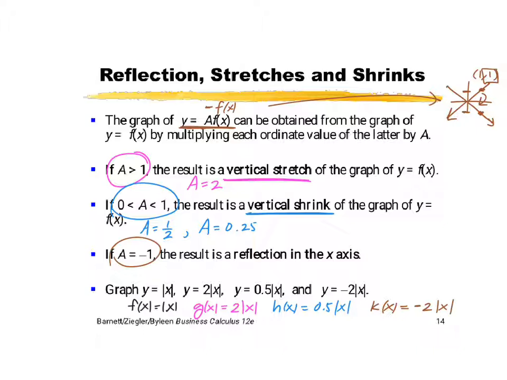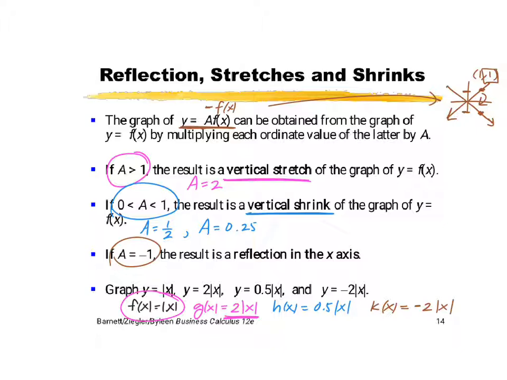Okay? So, if I have my original function, the absolute value of x, and I multiply 2 times the absolute value of x, then all of my y coordinates of my original function will increase, will not increase, will be multiplied, will be doubled. And so this graph should stretch vertically.